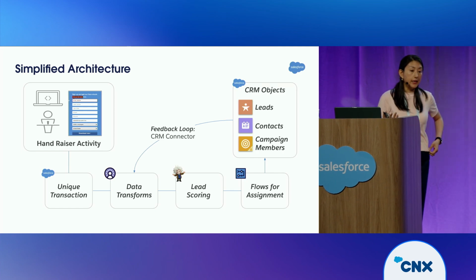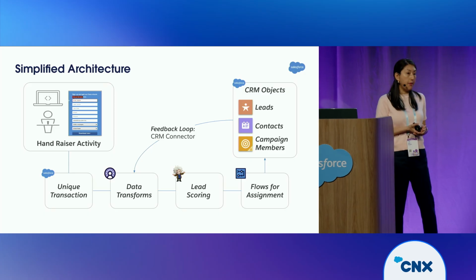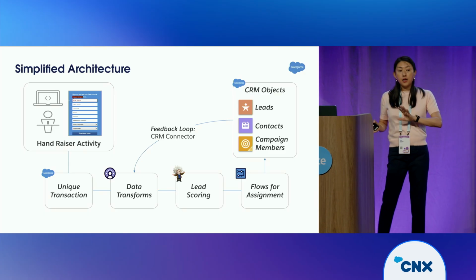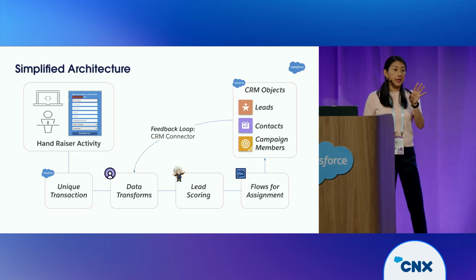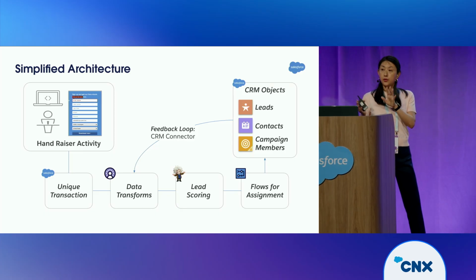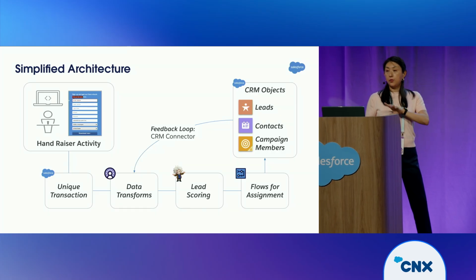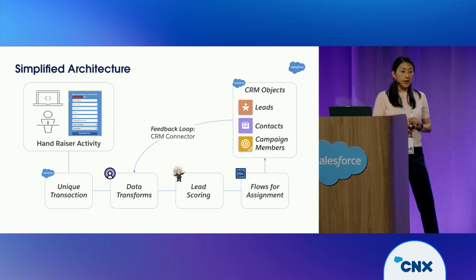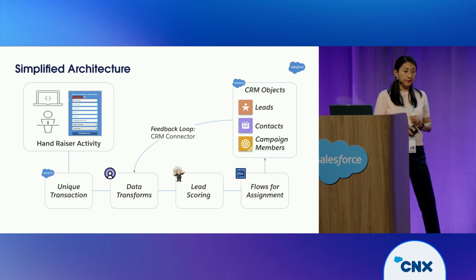And we update the leads, contacts, and campaign members' records in those orgs. But that's not where it stops. Because we have the CRM connectors connected to that org, all of that record flows through to Data Cloud. So we have a full cycle going on there to update all of the records.